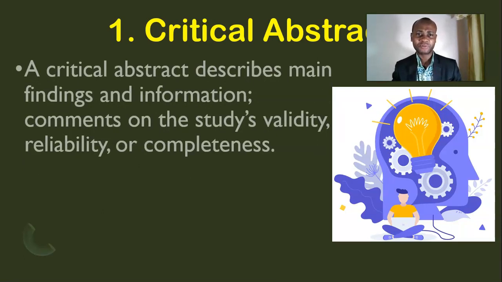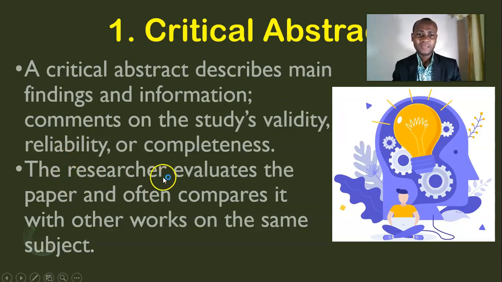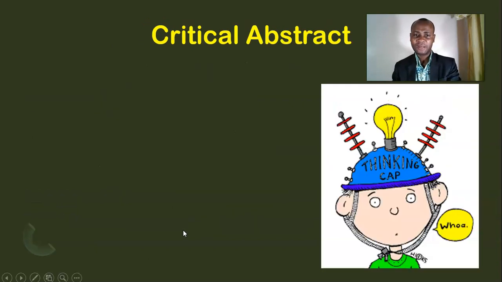A critical abstract describes the main findings and information, and comments on the study's validity, reliability, or completeness. The researcher evaluates the paper and often compares it with other works in the same subject.